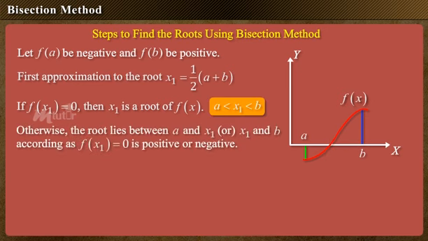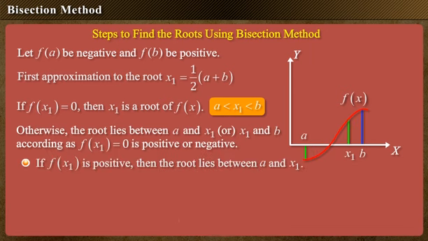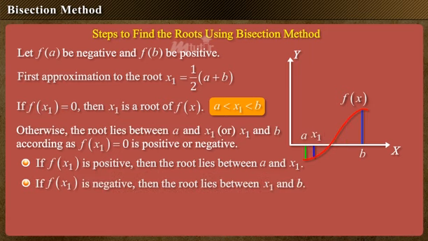Otherwise, the root lies between either a and x1 or between x1 and b based on whether f of x1 is positive or negative. If f of x1 is positive, then root lies between a and x1. If f of x1 is negative, then the root lies between x1 and b.